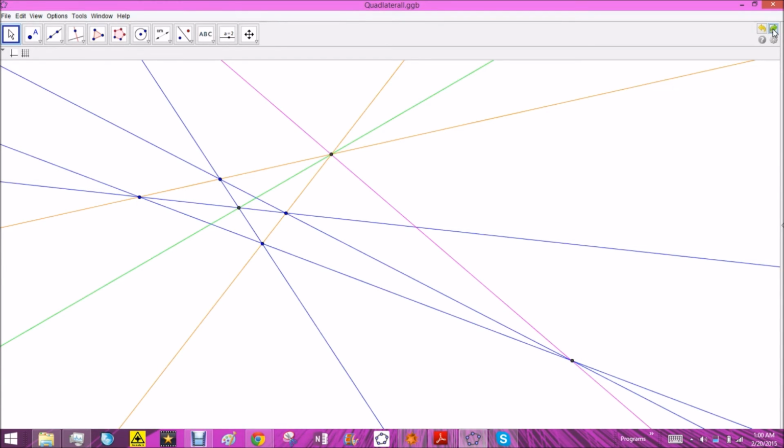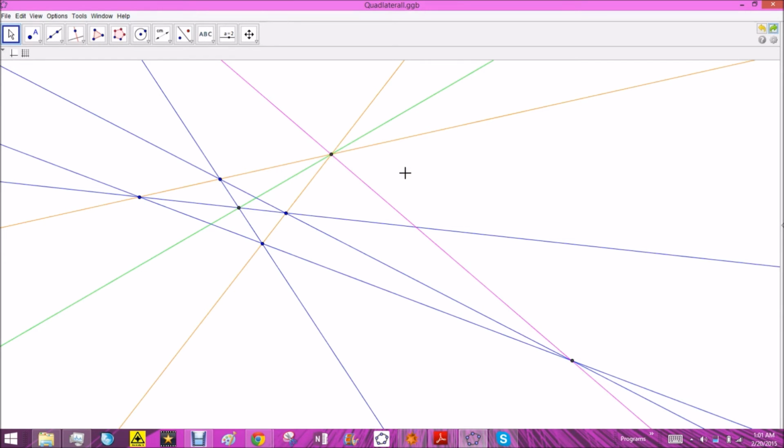And then we can draw this green line, which is kind of similar to the pink line. It connects the joining spots of the orange lines with an extra point of the quadrilateral. And so now the claim is that these 4 lines, orange 1, green, orange 2, pink, are a harmonic pencil.